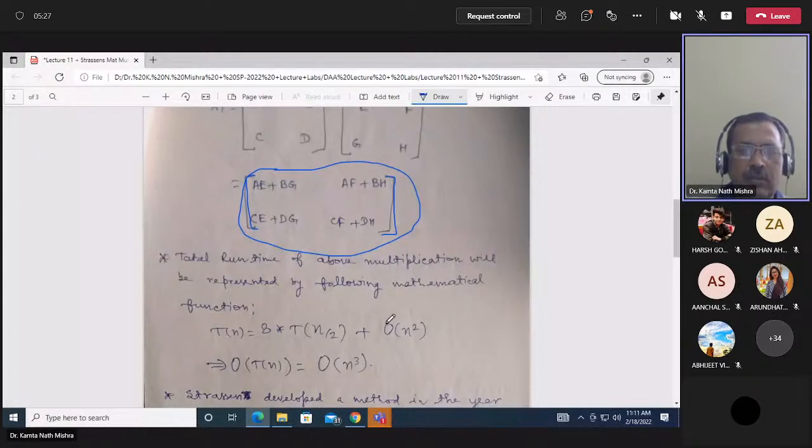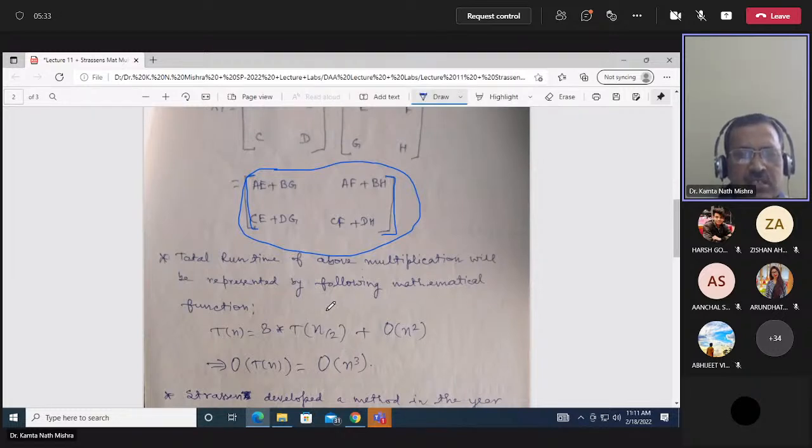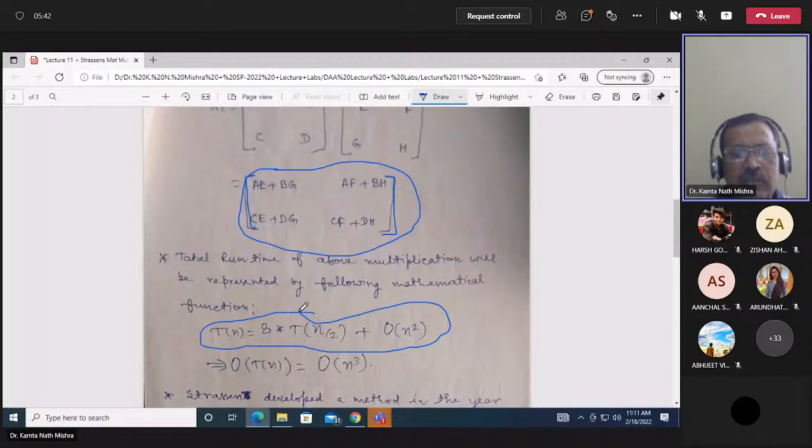of brute force, and as you mentioned, its order is big O of n cube. So how can we go for this one? If you represent brute force matrix multiplication in the form of a recurrence relation, so this is the recurrence relation.